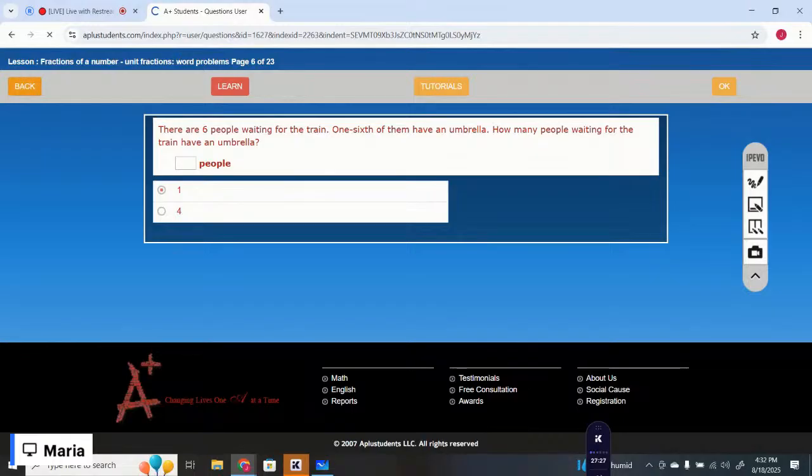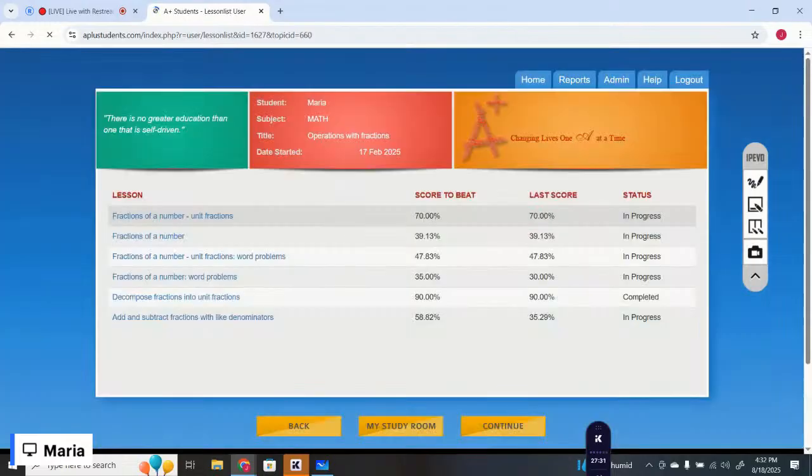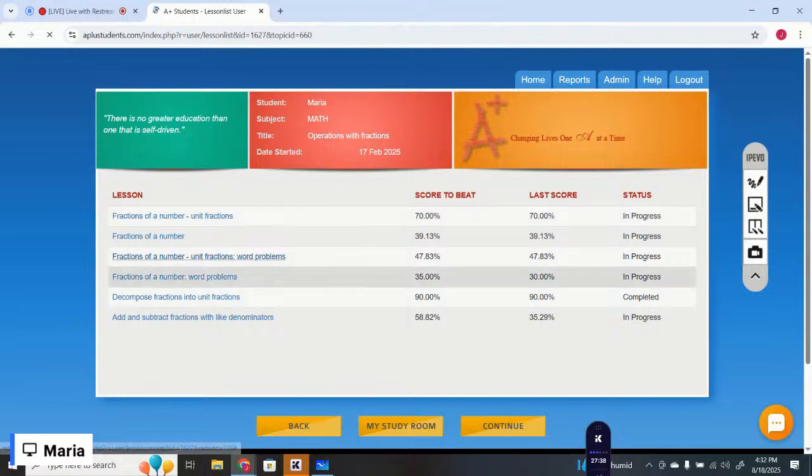Okay, you can complete the lesson by yourself later today. The next lesson is fractions of a number word problem.